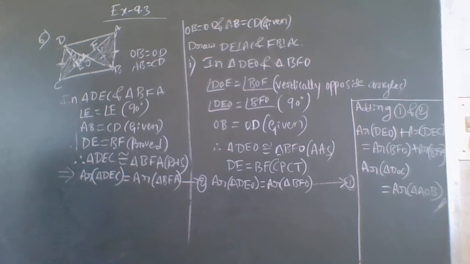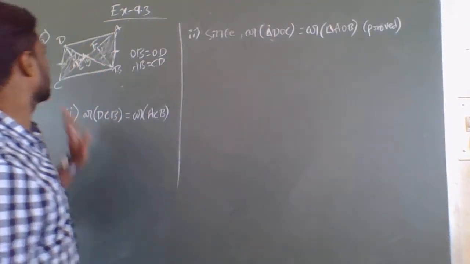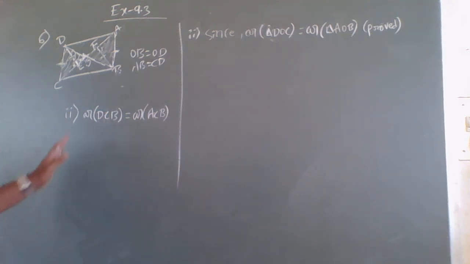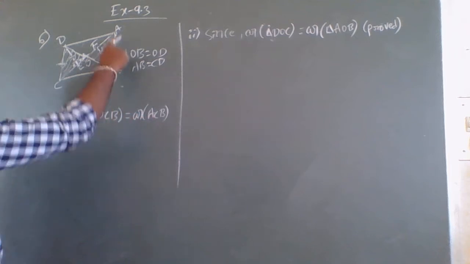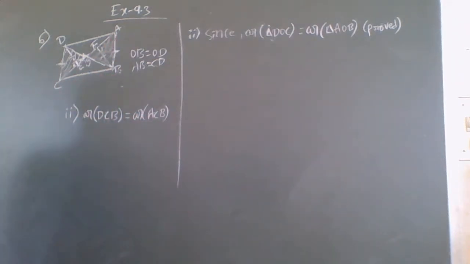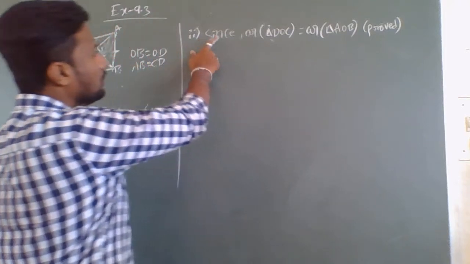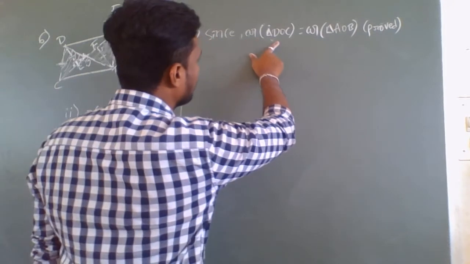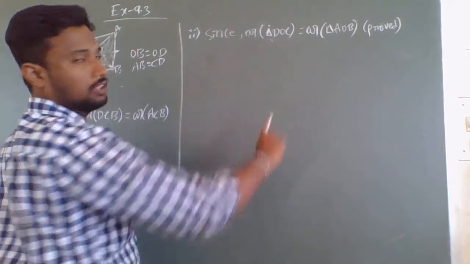So now in the sixth main only we will discuss the second one. In the second question of this sixth main, we have to prove that area of DCB equals area of ACB. So here in the second part, we will consider, since area of DOC equals AOB is proved, which we proved in the first question.